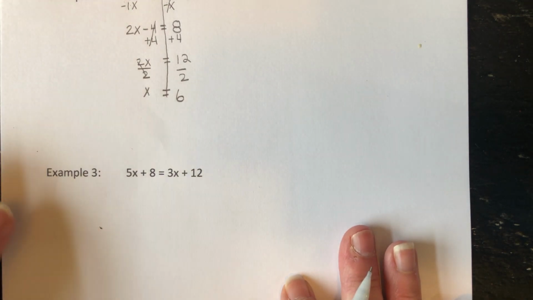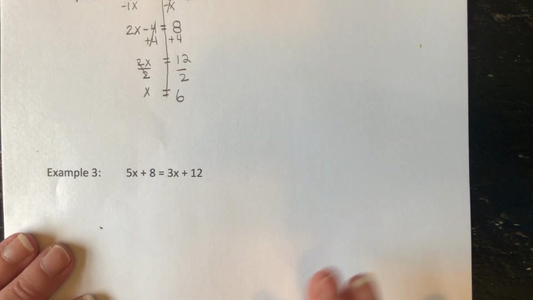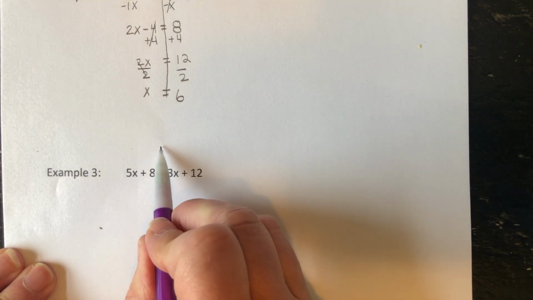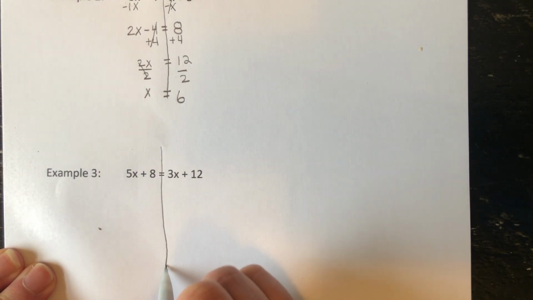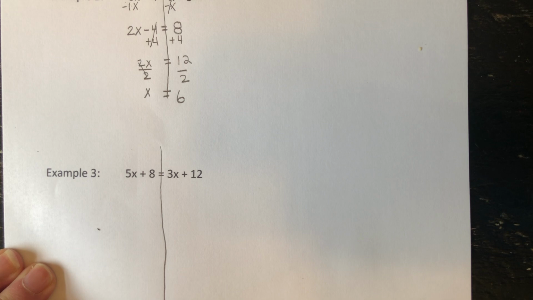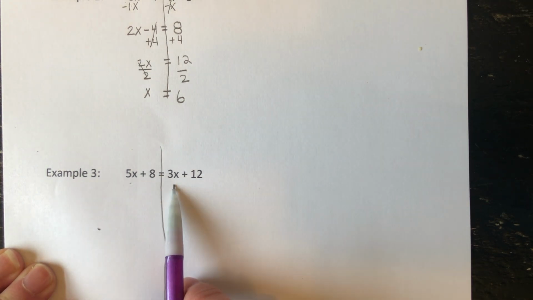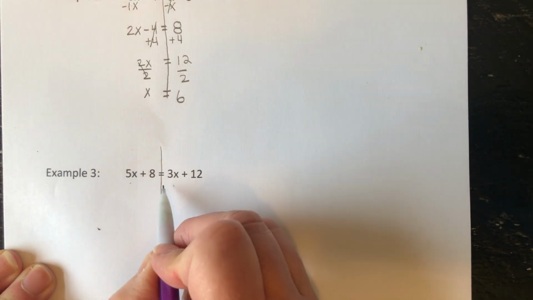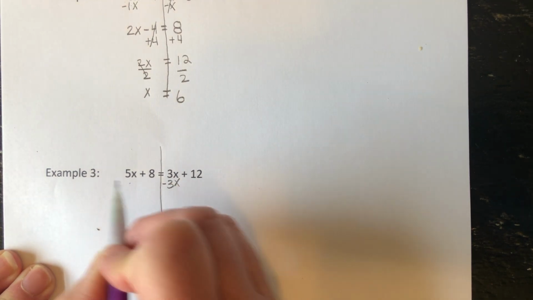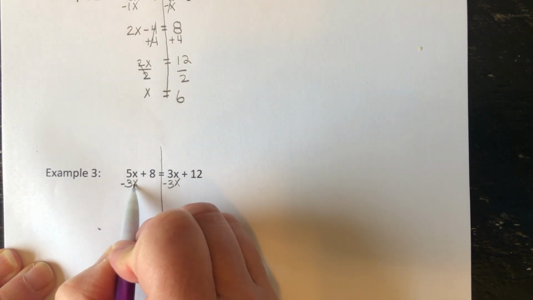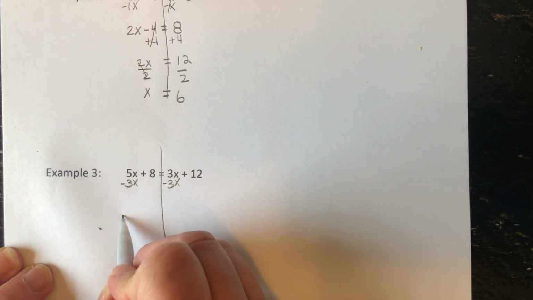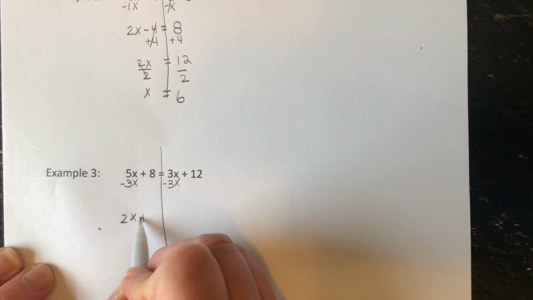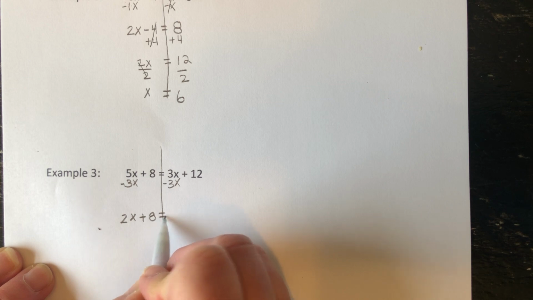Let's look at one more example here, and then we'll look at 2 more. I'm going to separate both sides of the equation. Now again, I have an x on my left and an x on my right. It just makes sense to subtract 3x on both sides, because 5 minus 3 will just give me 2x, a nice positive 2x.